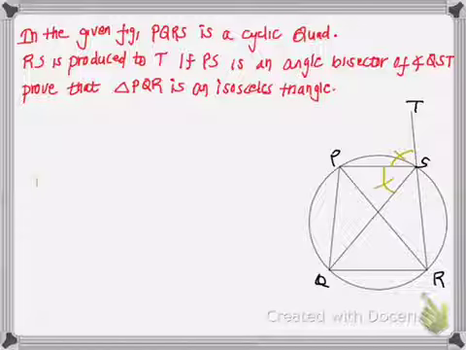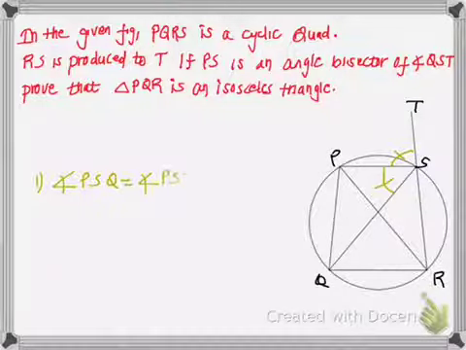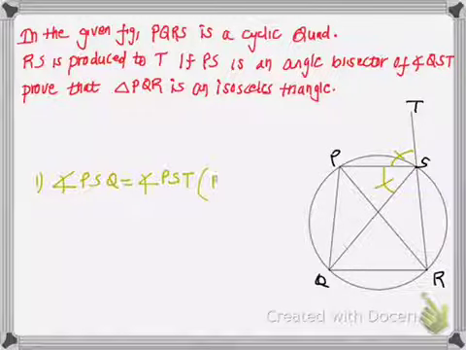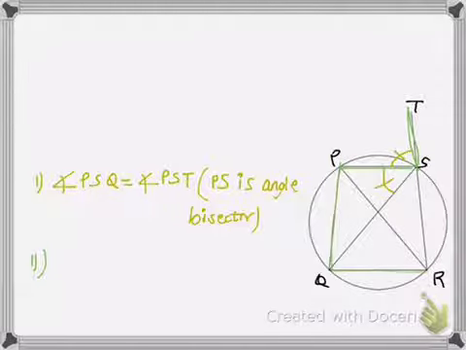So the first thing I'm going to do is I'm going to write the given condition that angle PSQ is equal to angle PST since PS is the angle bisector. For the second step I can write that this angle PST is equal to angle PQR since we know that exterior angle of a cyclic quadrilateral is equal to its opposite interior angle.